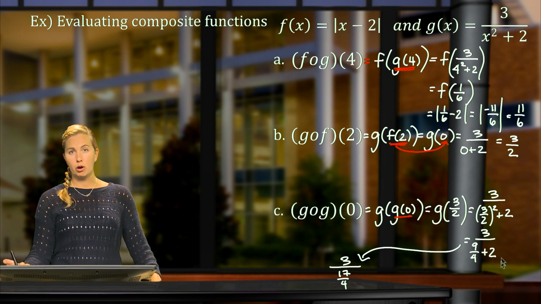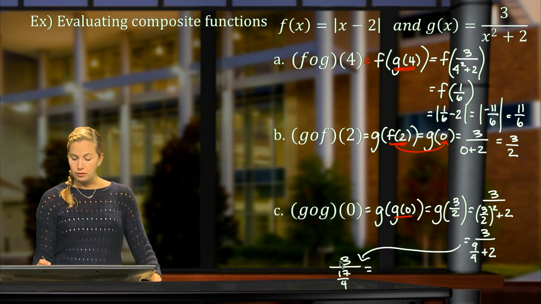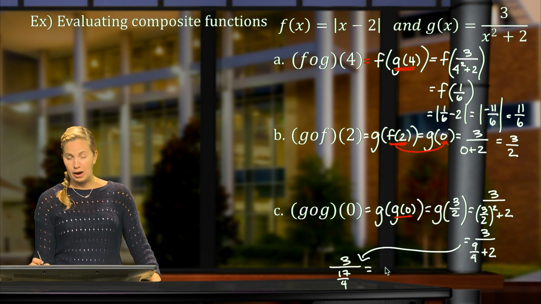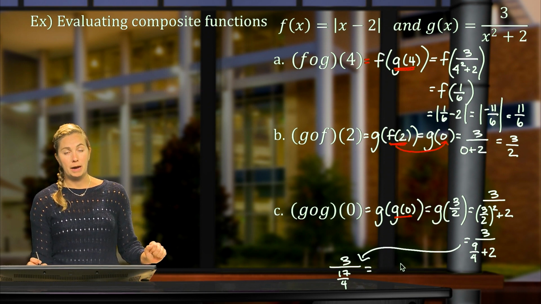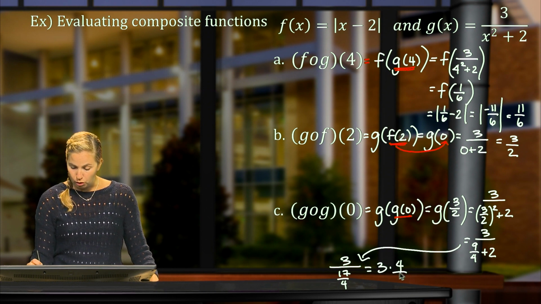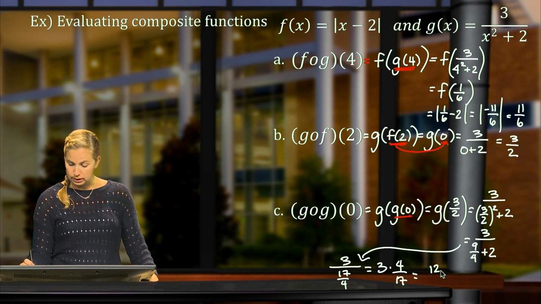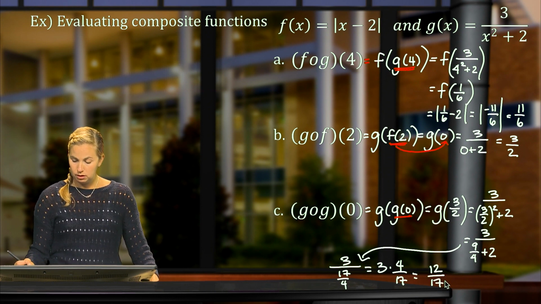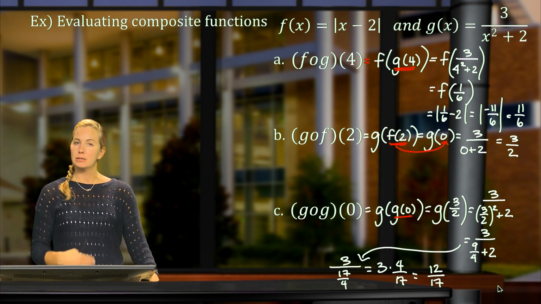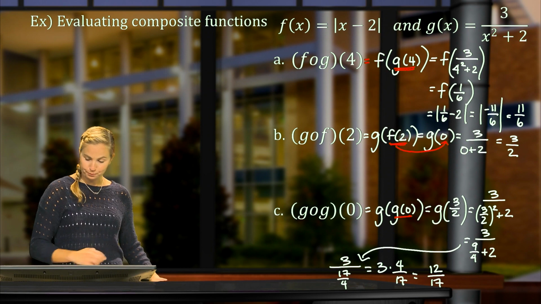Multiplying the 2 by 4 over 4, we've got 9 plus 8 over 4. And when we've got a fraction divided by another fraction, we multiply by the reciprocal of the denominator. So we have 3 times 4 over 17, which is 12 over 17. That's a nice example because we get a chance to practice those complex fractions, which we haven't seen in a while.